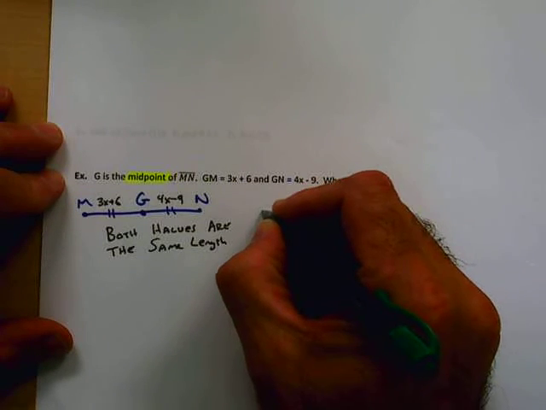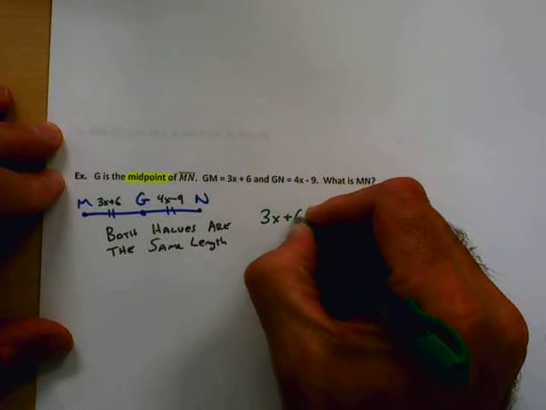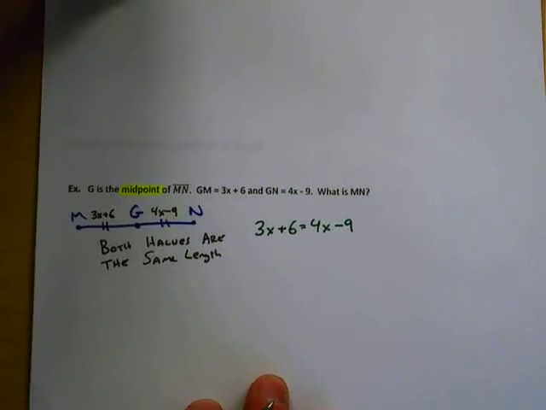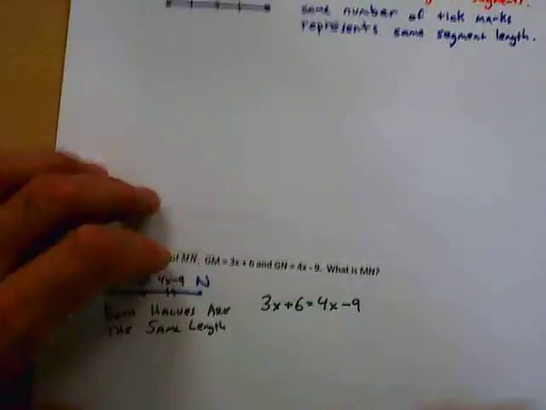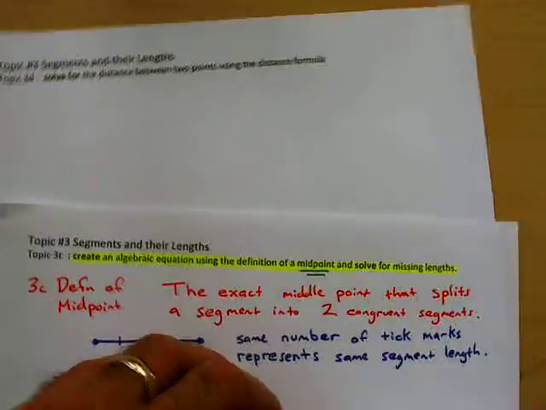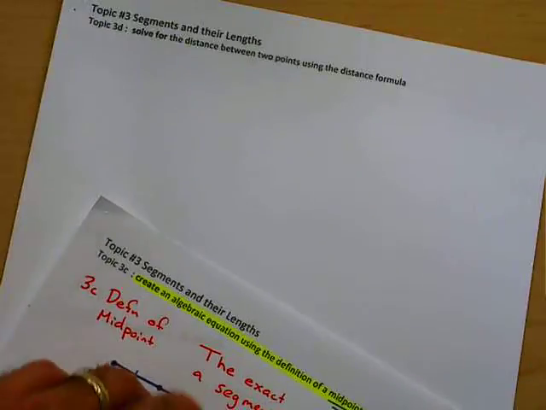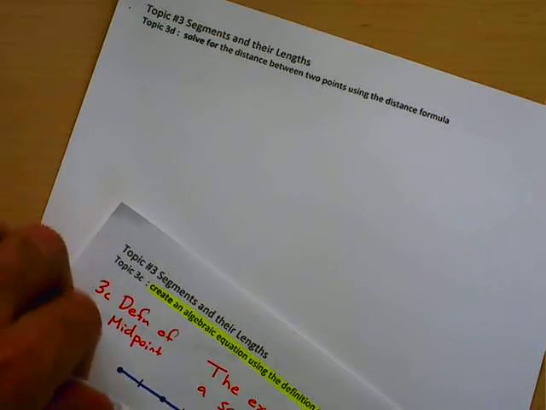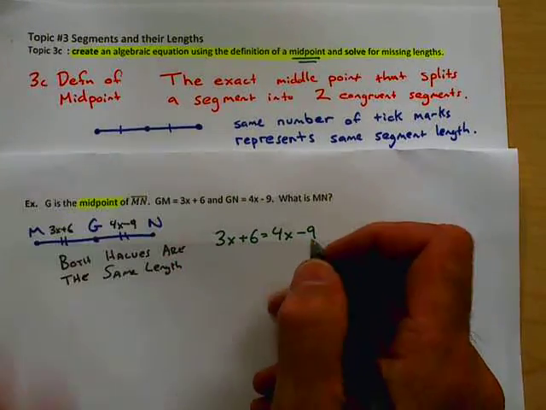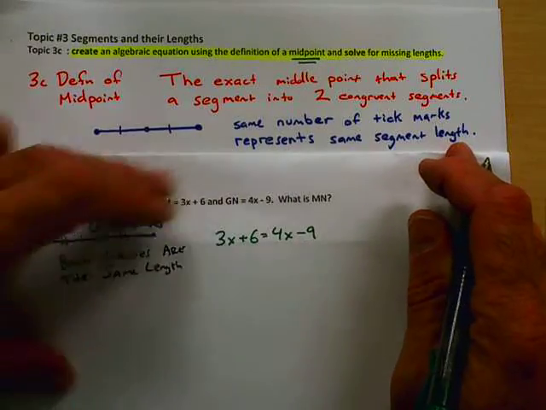We can set 3x plus 6 equal to 4x minus 9. And if that's true, now I can use algebra to solve that.